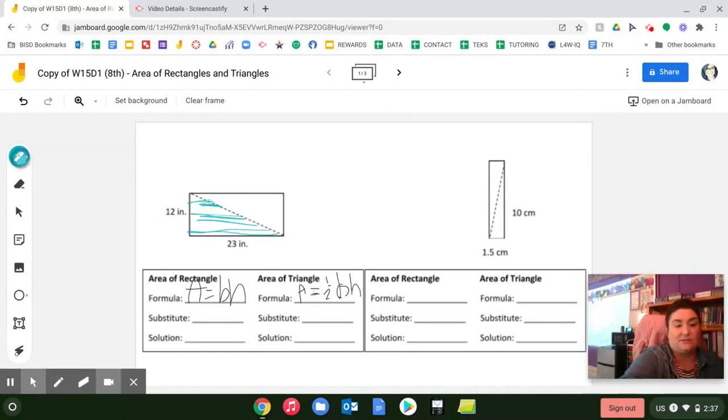So let's go ahead and start substituting in our numbers. The base of our rectangle is 23. The height of our rectangle is 12. So our solution is 276.